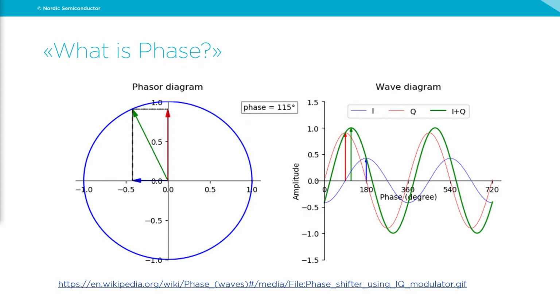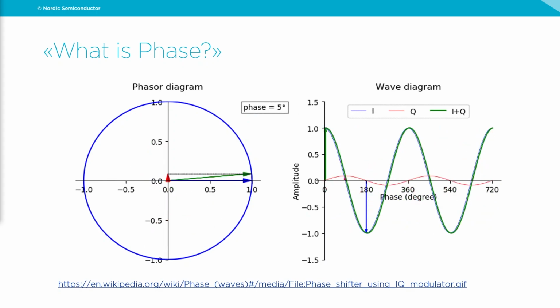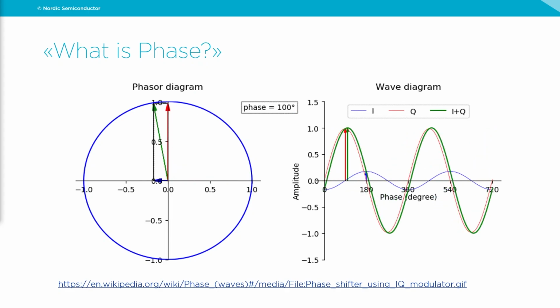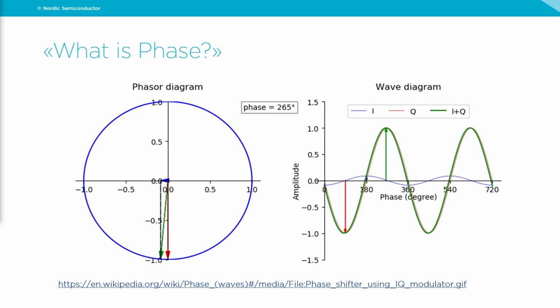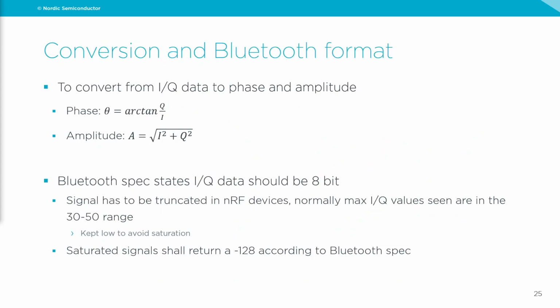It's a much more robust way, and this is how everybody does it in digital radio. This is also the data format that comes out of the radio when you're doing direction finding. There are some very easy ways to convert it. To get the phase out, you take the arctan of Q over I, and you can find the amplitude by going through this simple algorithm.